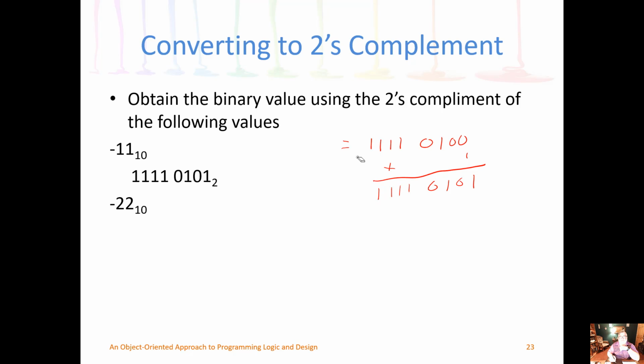And the next one already popped up. Otherwise I have too much stuff on here. Okay, so we have minus 22. And again, first I want to convert it to binary. And the binary conversion is 128 is 0, 64 is 0, 32 is 0, 16 is 1.